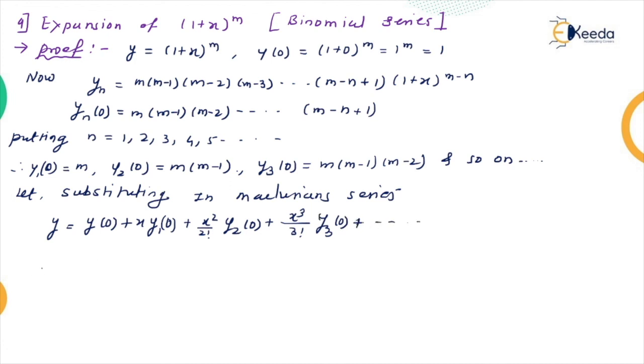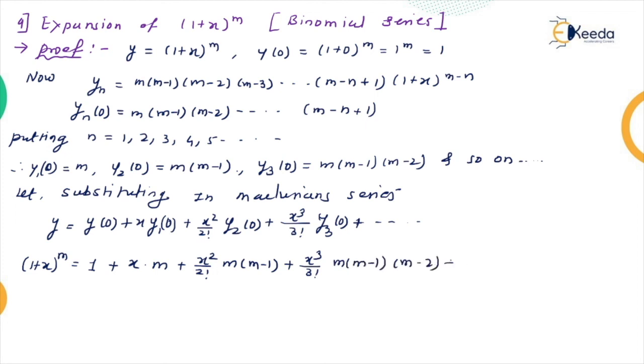Now y is 1 plus x bracket power m, so y of 0 is 1, plus x into m, plus x square divided by 2 factorial into m into m minus 1, plus x cube upon 3 factorial into m into m minus 1 into m minus 2, plus and so on.